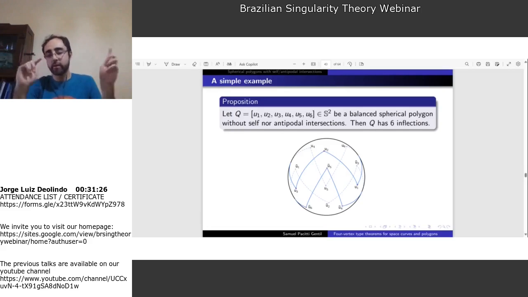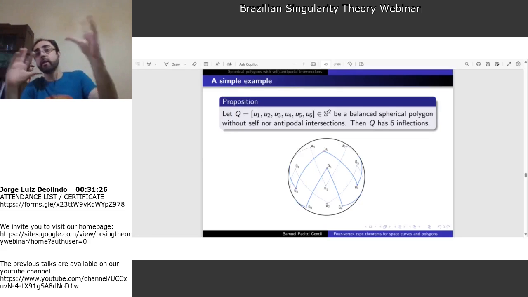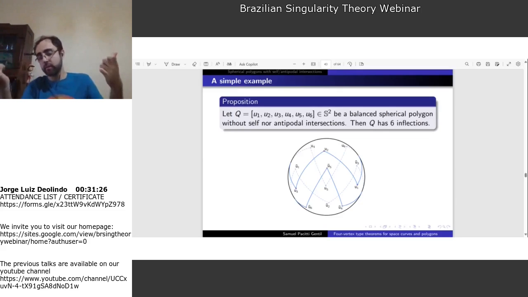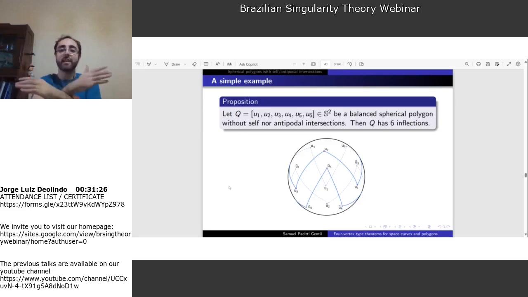This can be done by using all the former determinantal relations. So here we have an example of such a polygon. Here we have depicted the original polygon and its reflected image. A polygon not having antipodal intersections is equivalent to its reflected image not intersecting the original polygon.